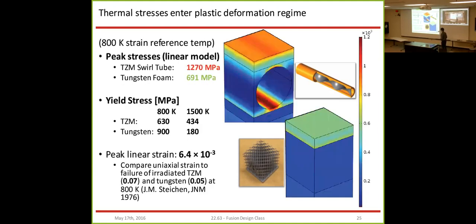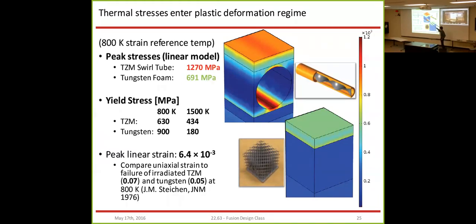However, from a thermal stress standpoint, the thermal stresses are high enough to begin to enter a plastic deformation regime. From an 800 Kelvin strain reference temperature, so expansion from the coldest steady state operating temperature, we expect to see peak stresses of around 1300 megapascal with the swirl tube design.